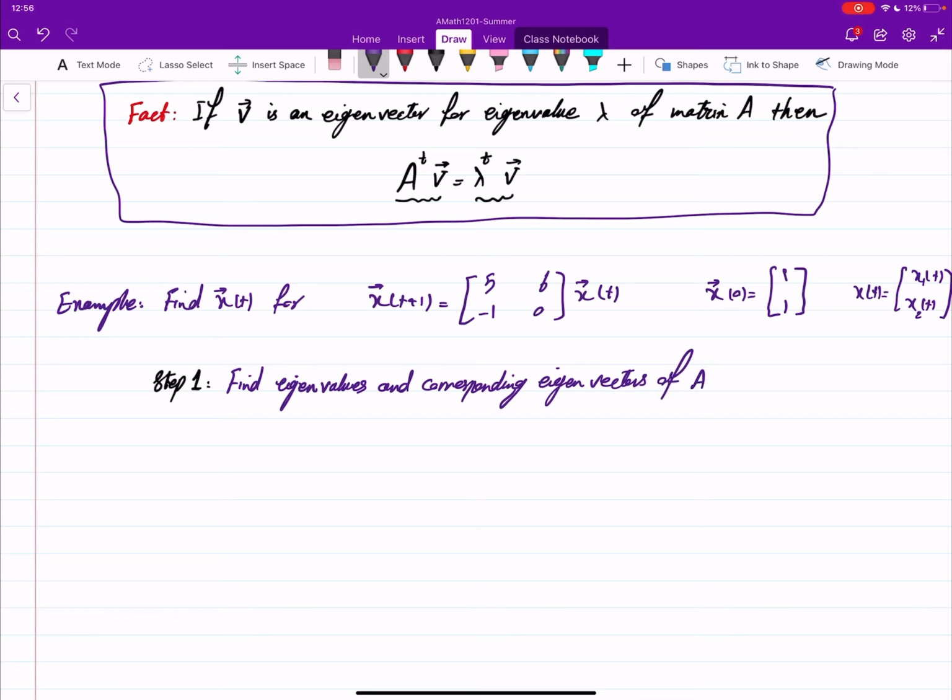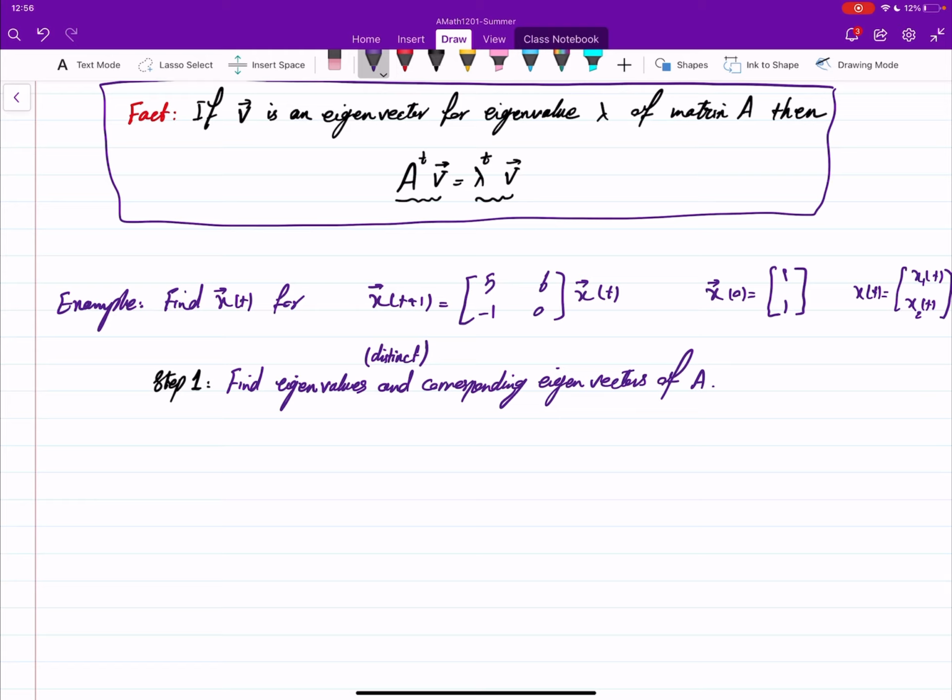So for the examples that we are working with, we are going to have distinct eigenvalues. Okay, so we find eigenvalues and corresponding eigenvectors.